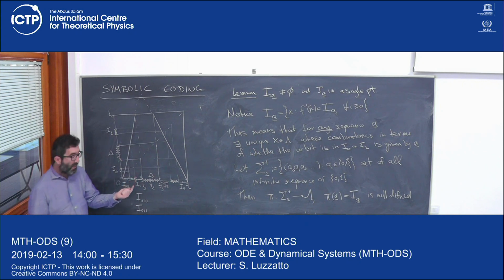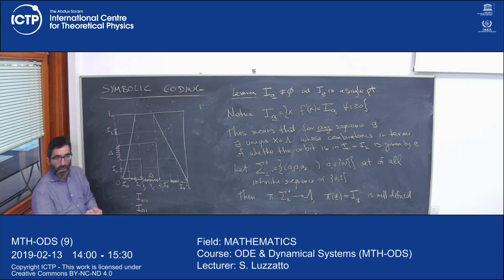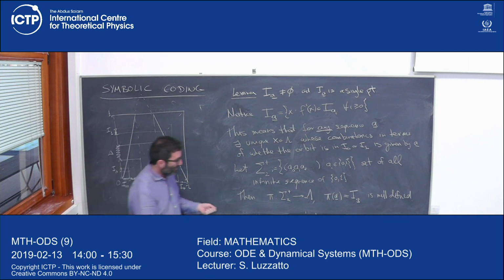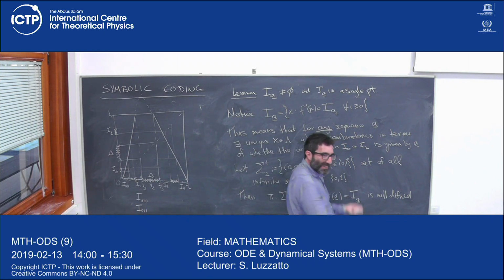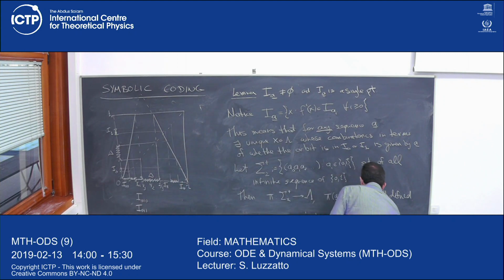By definition, if a point belongs to lambda, then all its iterates belong either to I0 or to I1. Therefore, given any point in lambda, you define its combinatorics, and you use that to construct your sequence. Then once you've got your sequence, you define it this way, and that gives you exactly the point that you started with. Okay? So this is well defined and bijective.